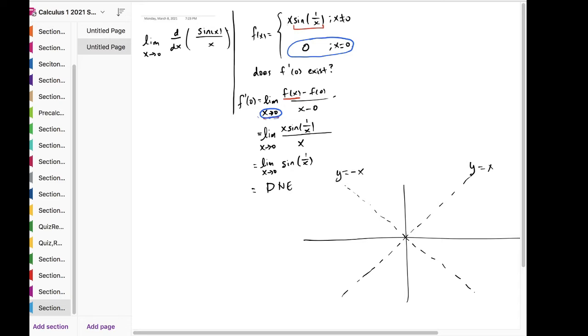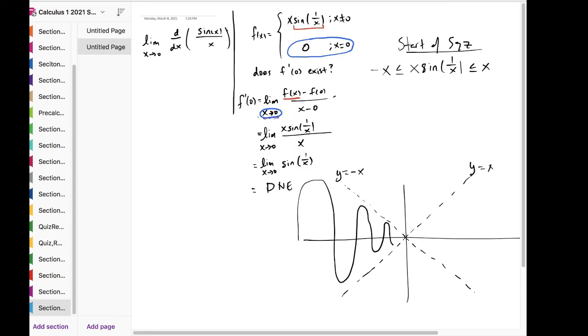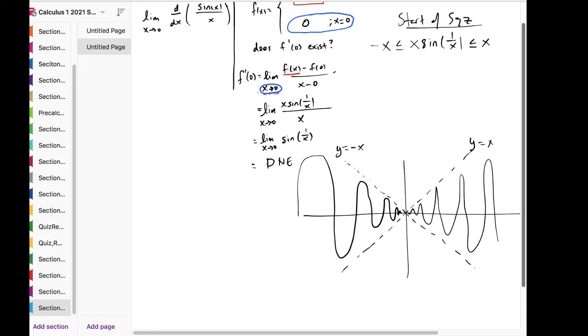This is negative x less than x sine of 1 over x. This was the start of the squeeze theorem. So what does the picture look like? Something like that.